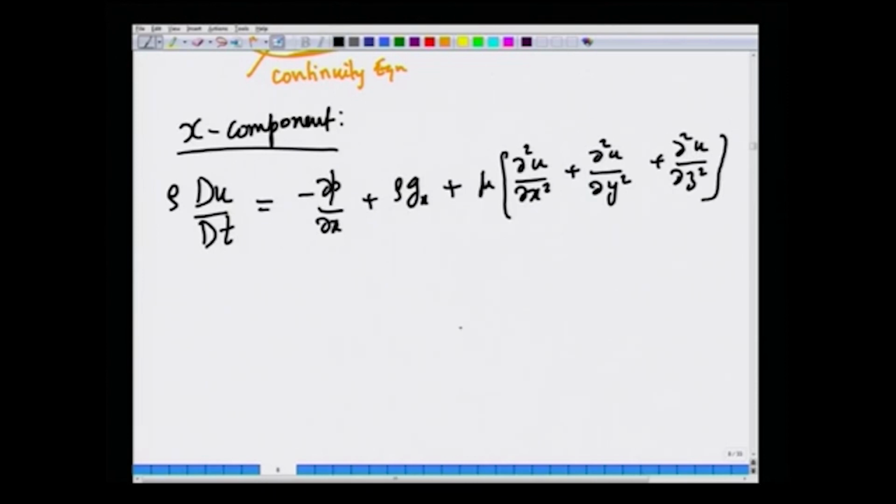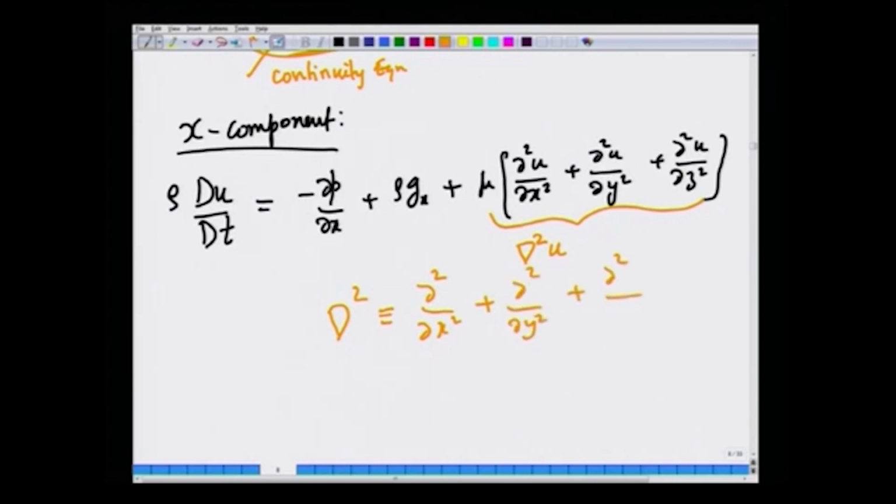Okay. This is nothing but the Laplacian del squared of u, where del squared is the operator partial squared by partial x squared plus partial squared by partial y squared plus partial squared by partial z squared.